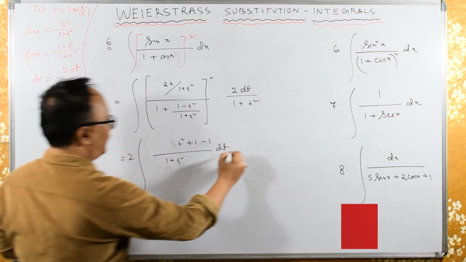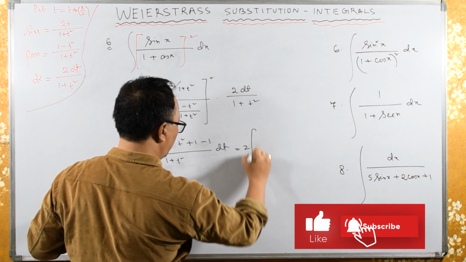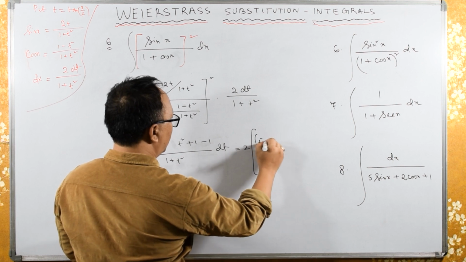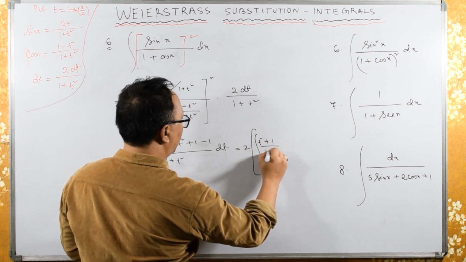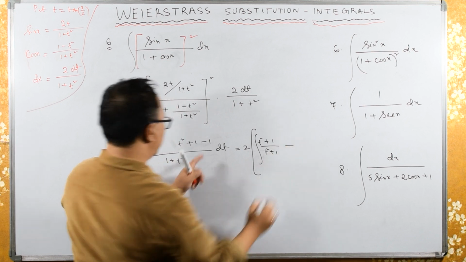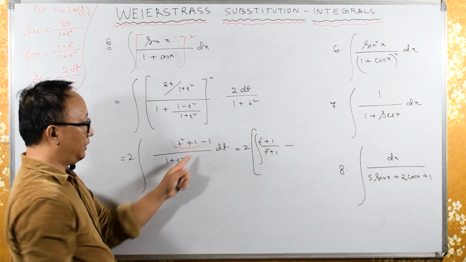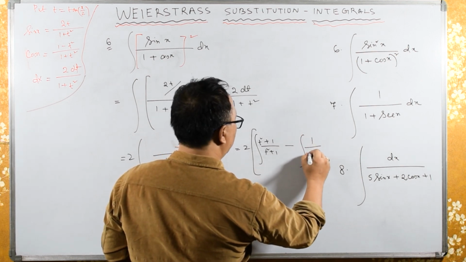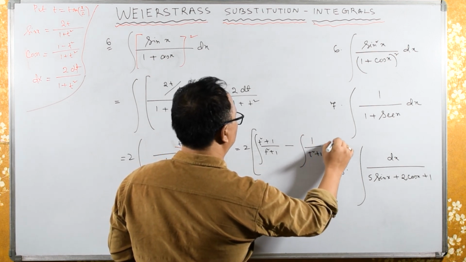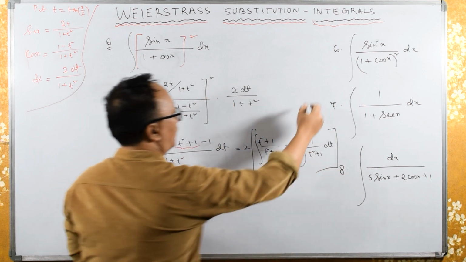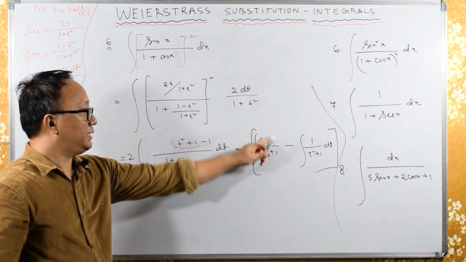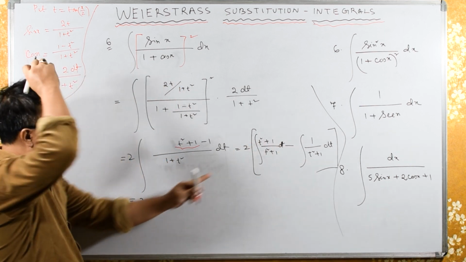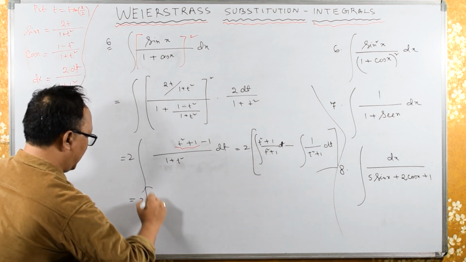Therefore this is the same as 2 times the integral of t square plus 1 upon t square plus 1, minus 1 upon t square plus 1, dt. Now this gets cancelled.